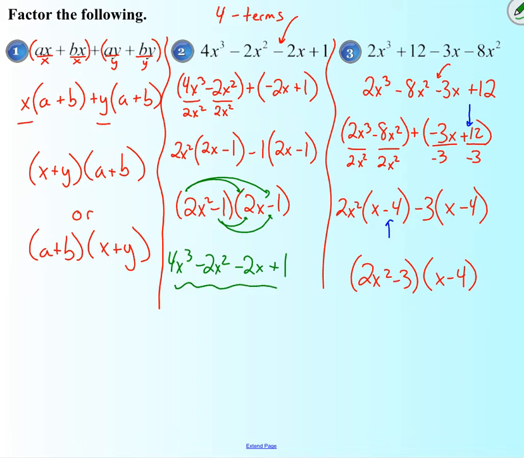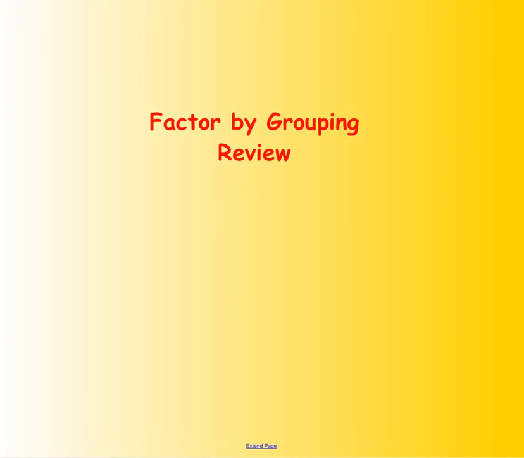Looking at my 4-term answer there, does it match my original expression for number 2? Yes, it does. So I would know I factored correctly. You don't have to check every time, but it's something nice to do if you're not sure about your answer. So there is factoring by the grouping method.